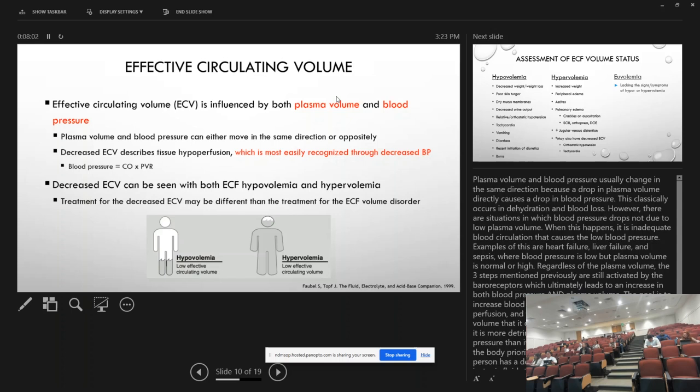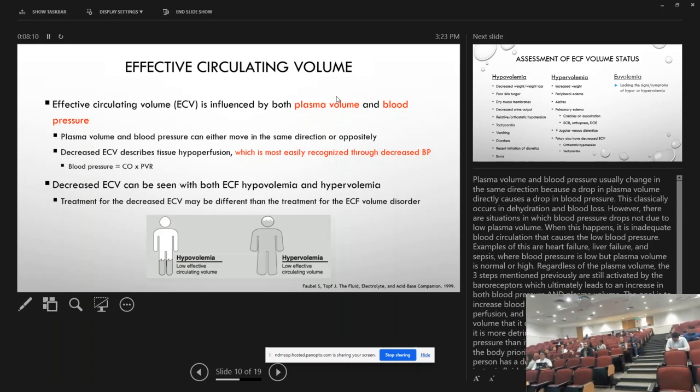So hypervolemic with the low effective circulating volume is what type of disease state? Patient who is dehydrated? No. That would be on the left-hand side. So if you have hypervolemia and a low effective circulating volume.